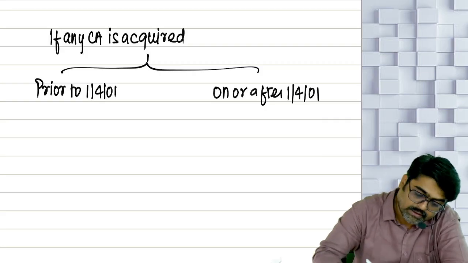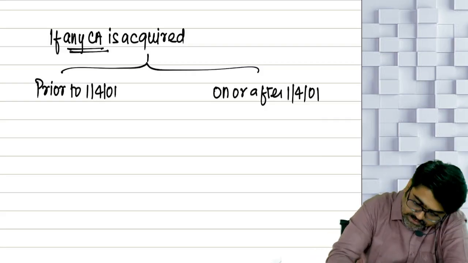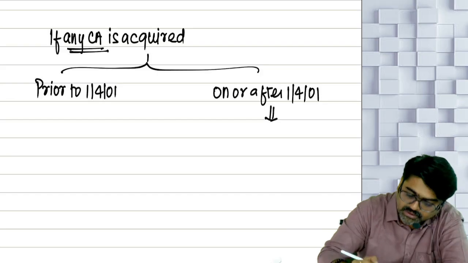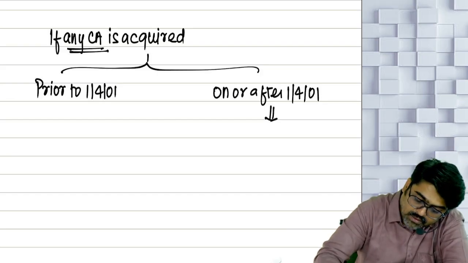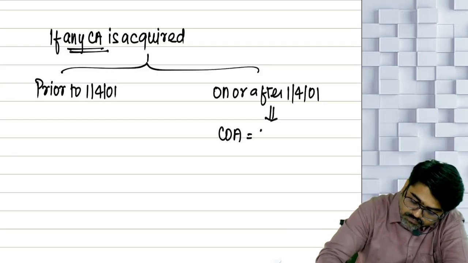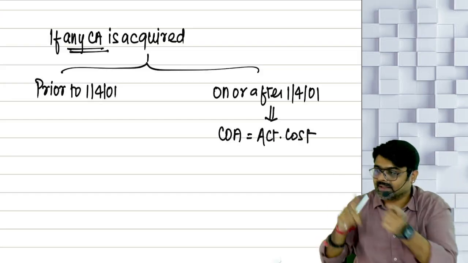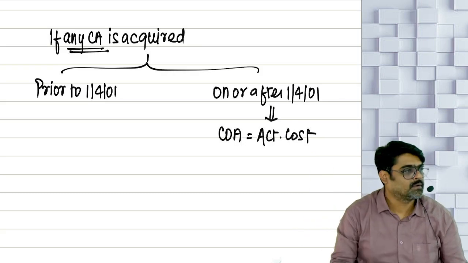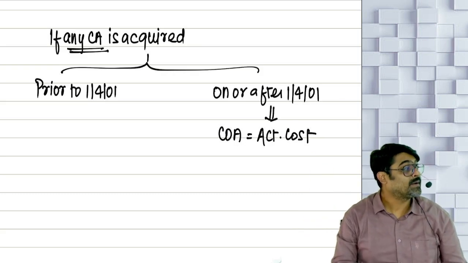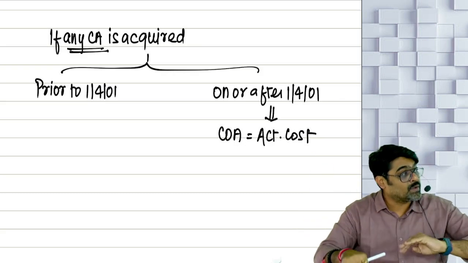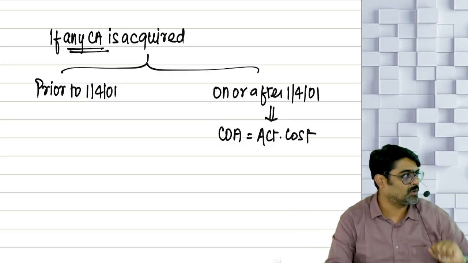Now if any capital asset is acquired on or after 1st April 2001, then the cost of acquisition will be what? The actual cost. In that case, you are not going to get that option to take the fair market value, because that option is available only if the asset was acquired prior to 1st April 2001.